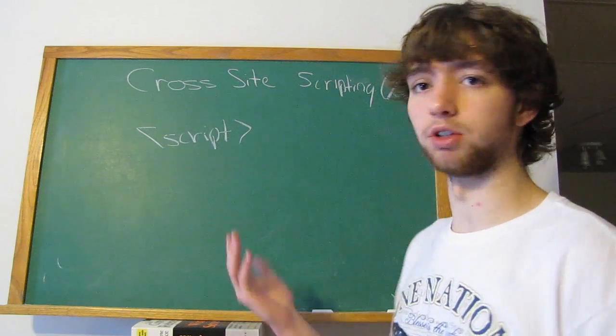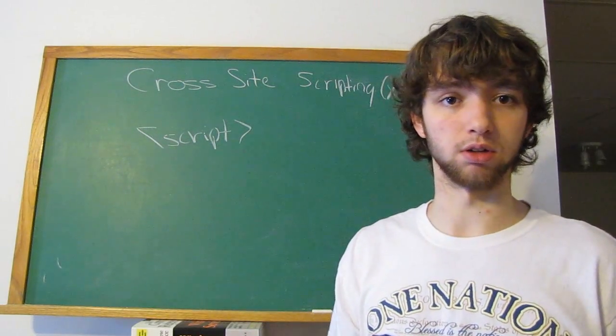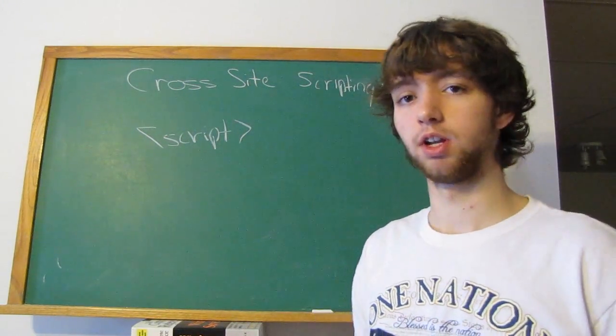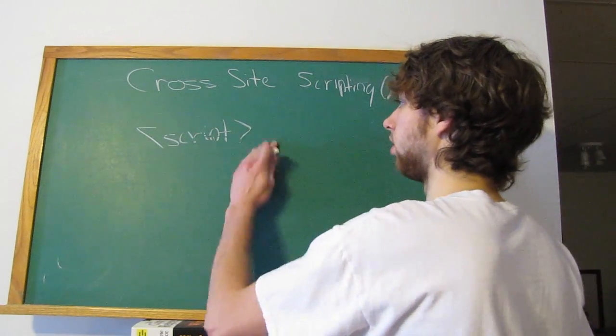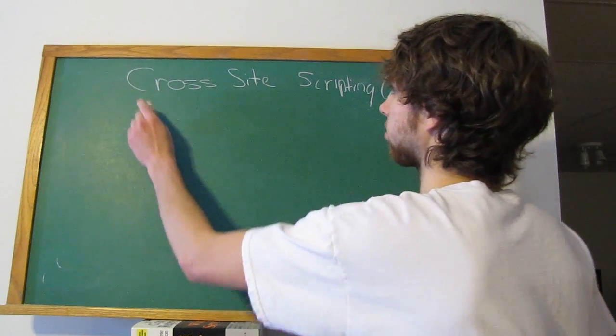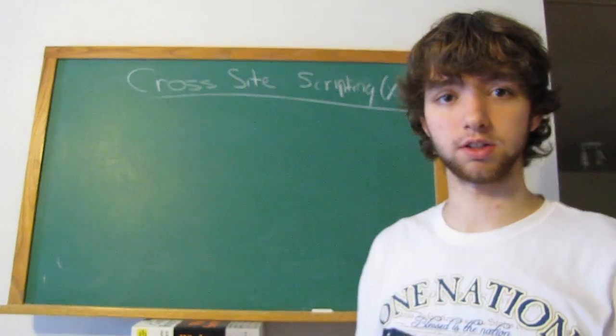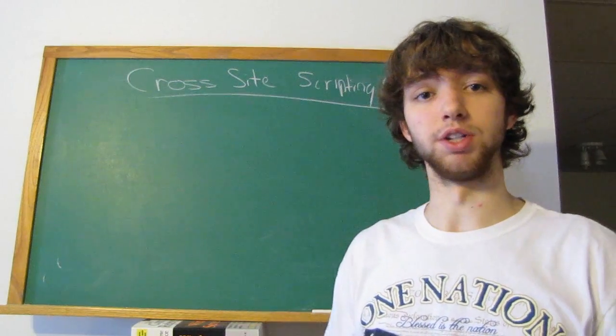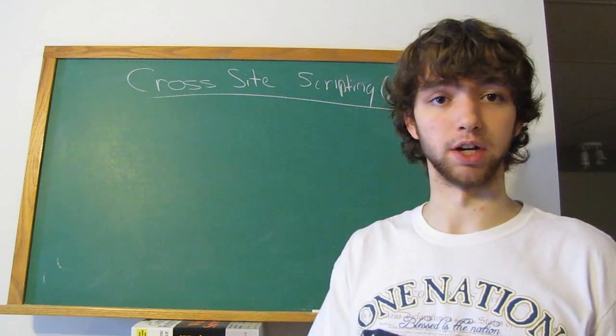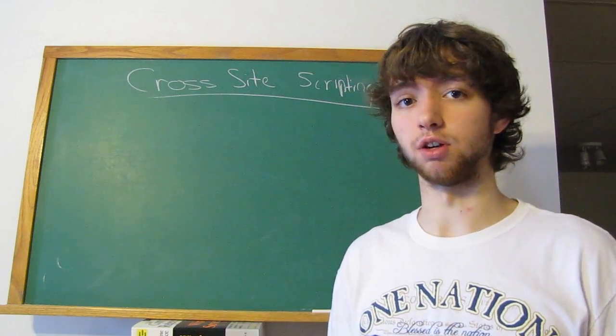So with JavaScript, you're not going to see the JavaScript code when you go to a web page. It's going to be hidden, although it can still be executed. So that is the basic principle of how cross-site scripting works. Having people run these scripts, which then does something to their computer or to their accounts, and so forth.